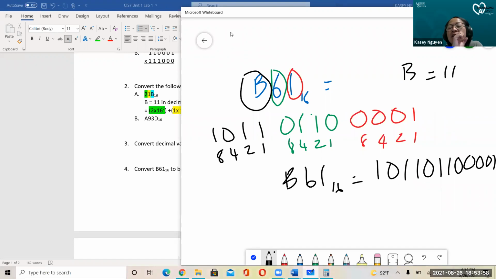So in a 3-digit hexadecimal, that's going to give you 12 bits. Much easier than going through division and multiplication for decimal conversion, right? Hex to binary is super easy. Any question?